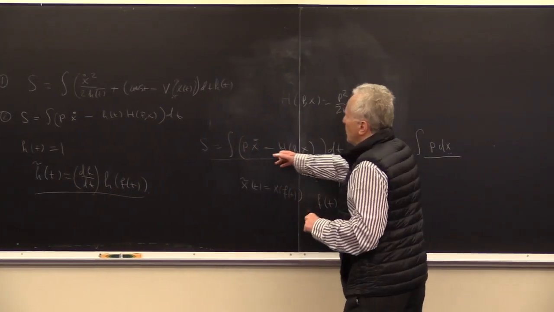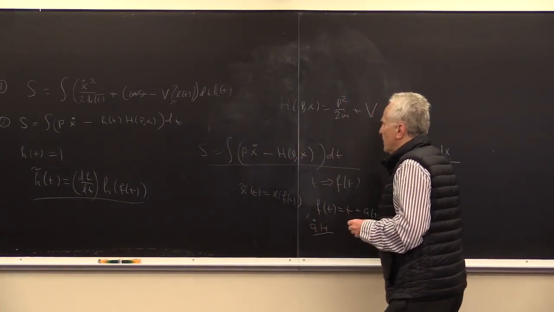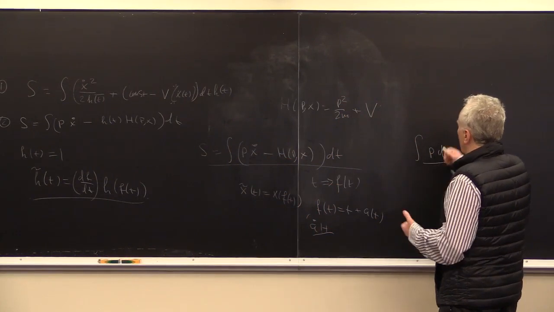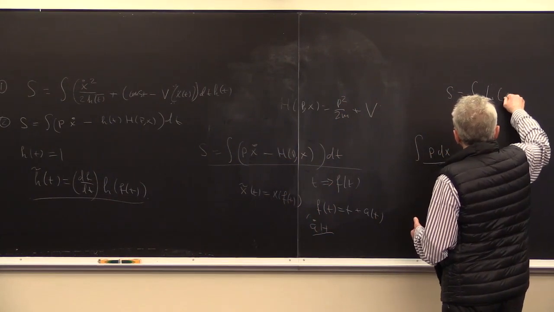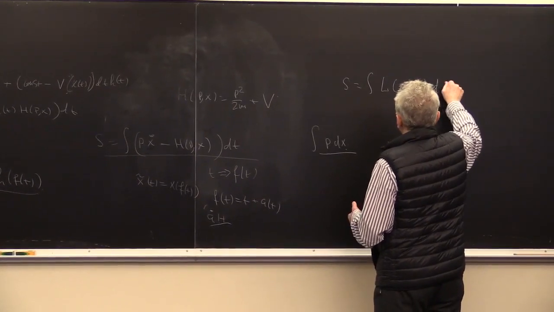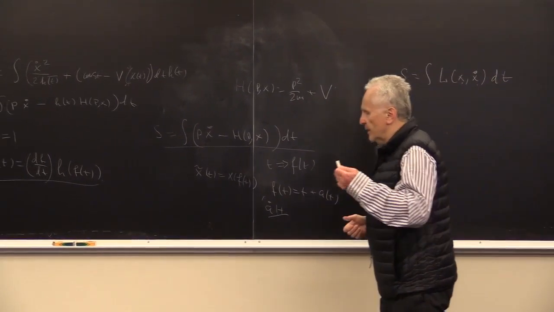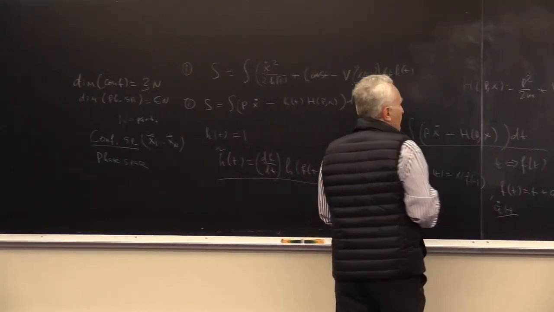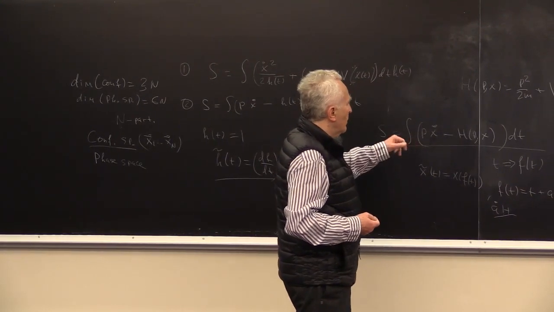But returning to what I was saying, we can go back from here to the Euler-Lagrange expression, in which case you have the Lagrange function, which depends on x and x dot, on coordinate and velocity, and it gives us the Euler-Lagrange equation.